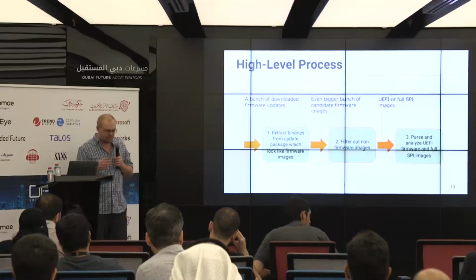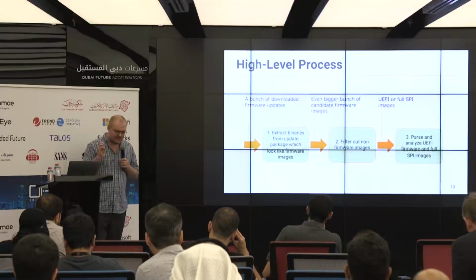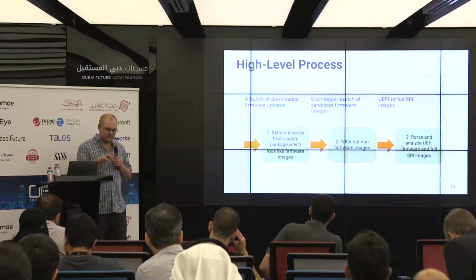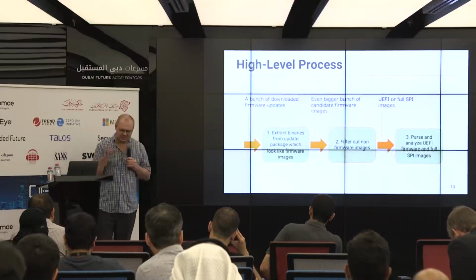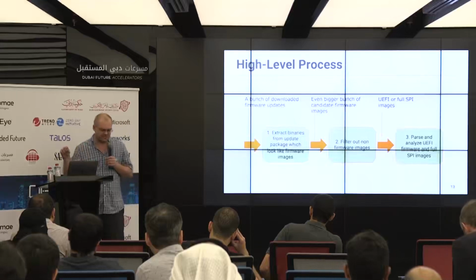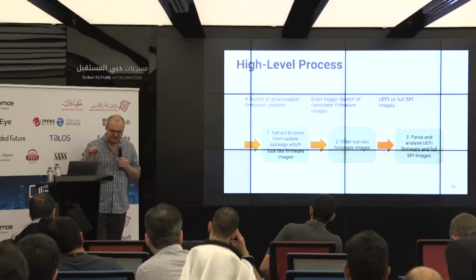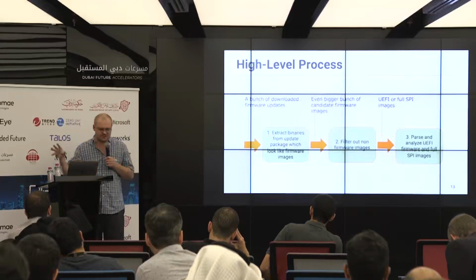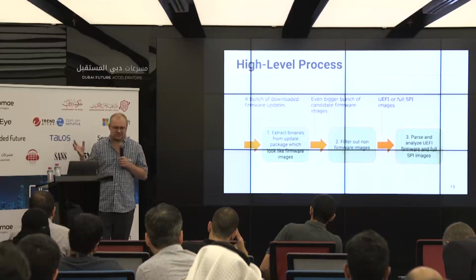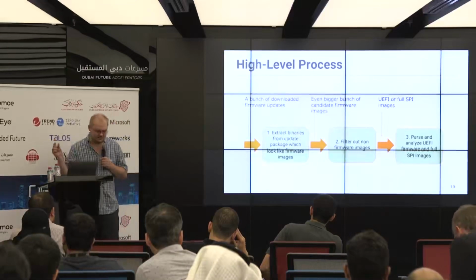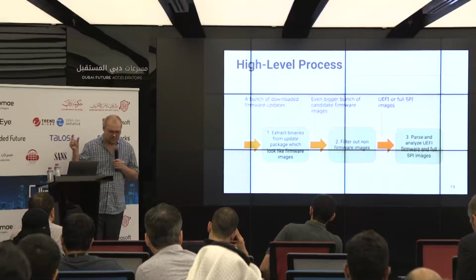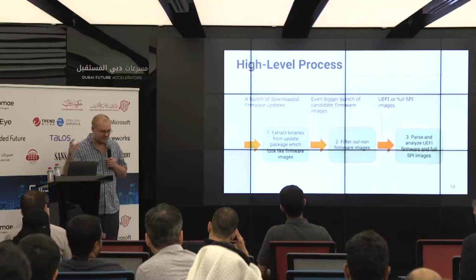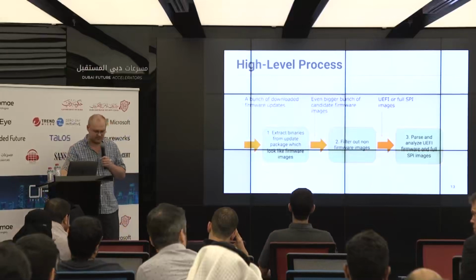So first step, we need to extract the BIOS update from the firmware package update. The firmware package update contains the BIOS update plus tools and some extra information. But we need that BIOS update image to run our analysis. And then we run our analysis on those images.